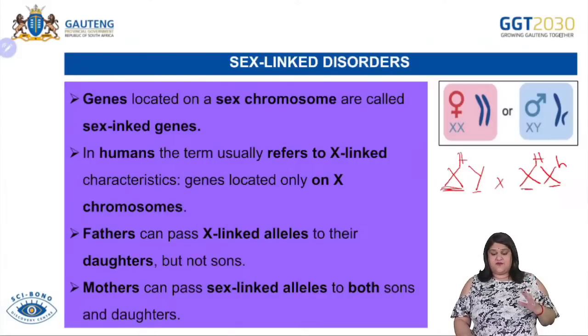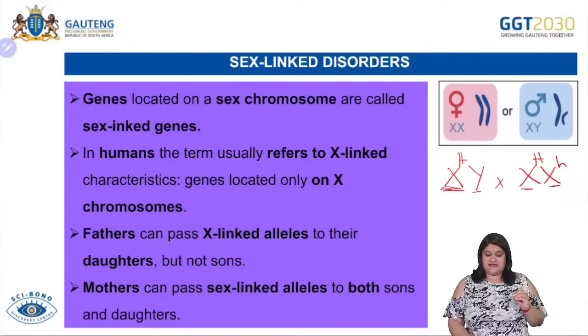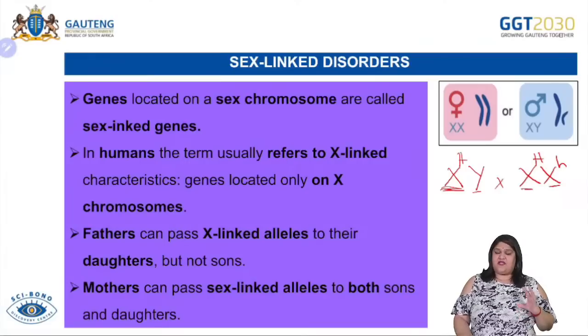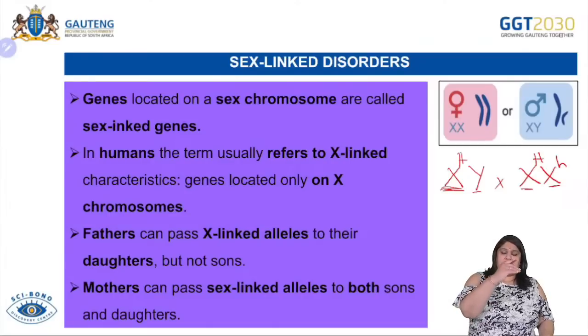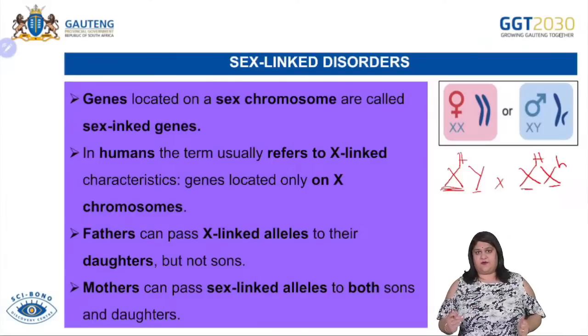In humans, the term refers to X-linked characteristics, and fathers can pass down the X-linked alleles to their daughters, but not their sons. Why? Remember the law of segregation. It says that the offspring is going to get one allele from the mother and one allele from the father.